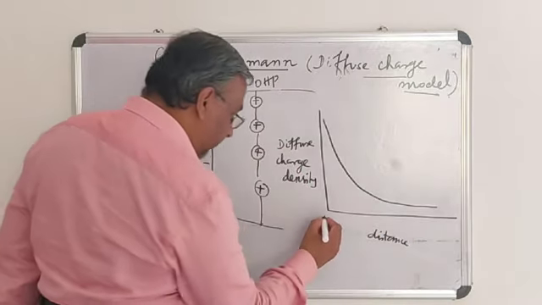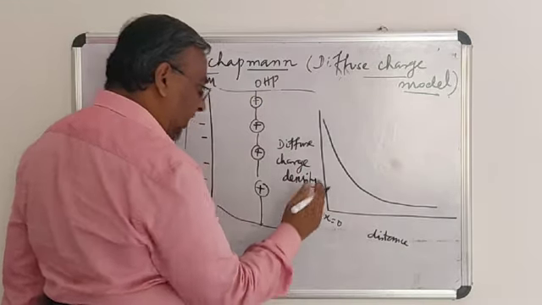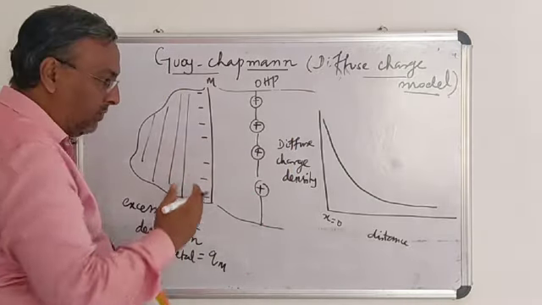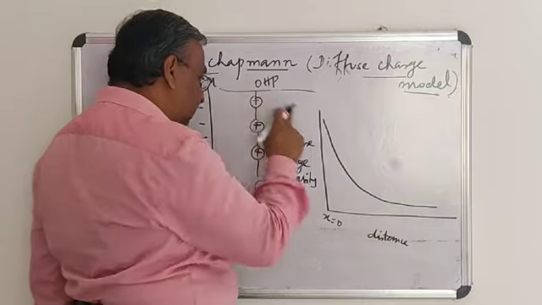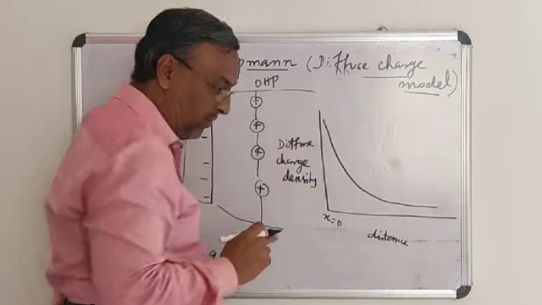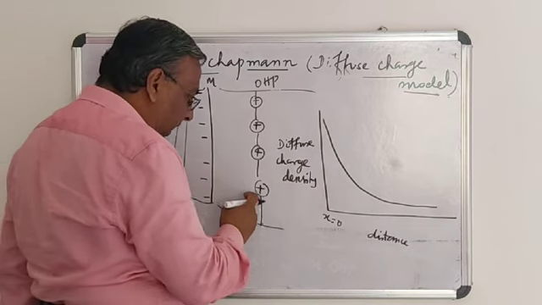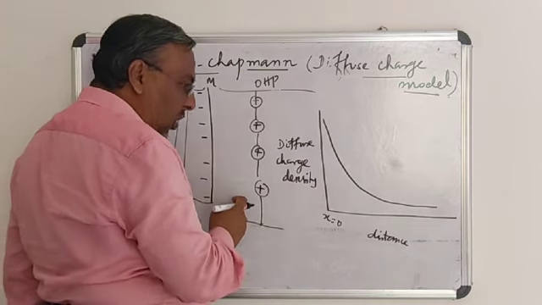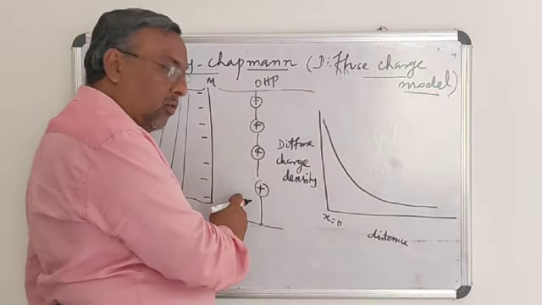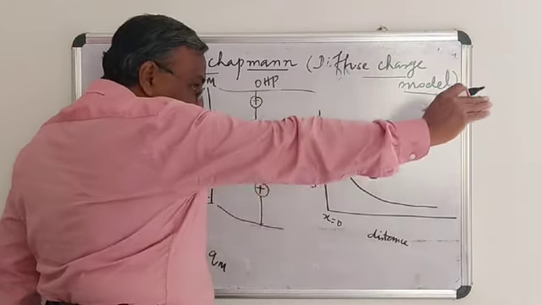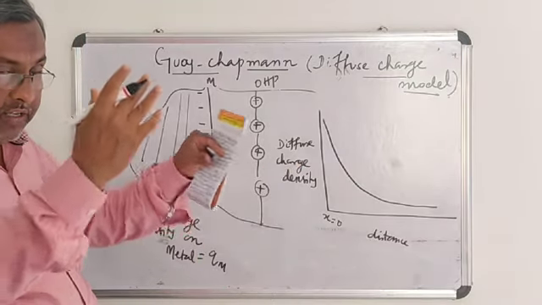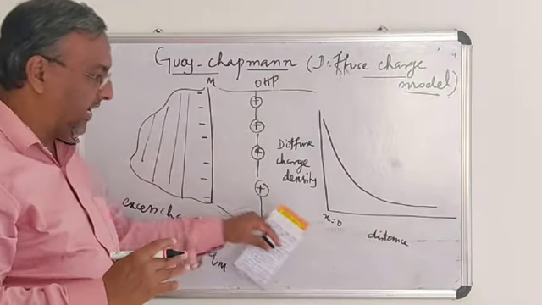When the distance x is equal to 0, that is when the distance is very small, very close to the metal, the charge density over the diffused electrolytic solution will be maximum. As the distance of the diffused state, or the primary and secondary layers or OHP, goes on increasing, the influence of charge over the metal atom goes on decreasing.